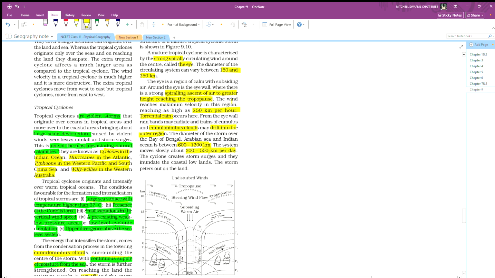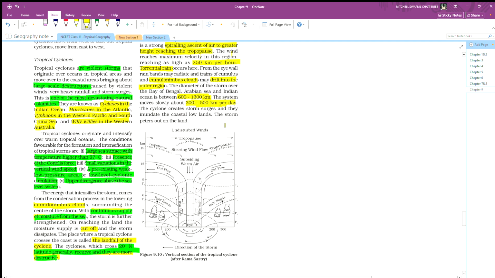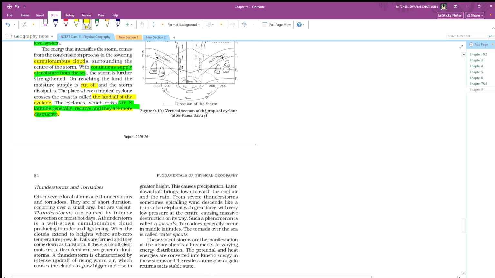This is a slow movement, like a common person traveling on a bike making this much distance per day. The cyclone creates storm surges, and they inundate the coastal lowland. The storm dies out on the land.